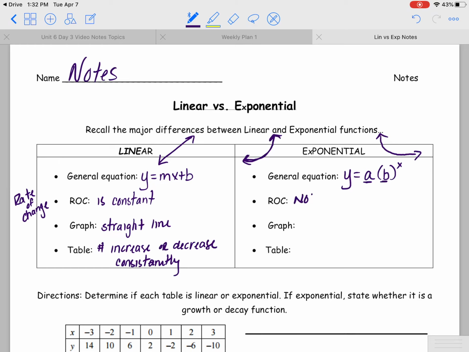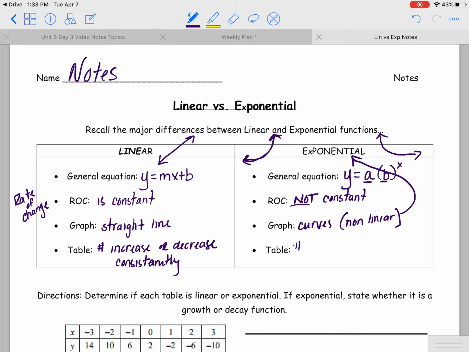My rate of change is not constant because it's not going up or down by the same number. So these graphs are going to have curves to them, what we considered non-linear, but we can actually give it that function name. We can call it an exponential.